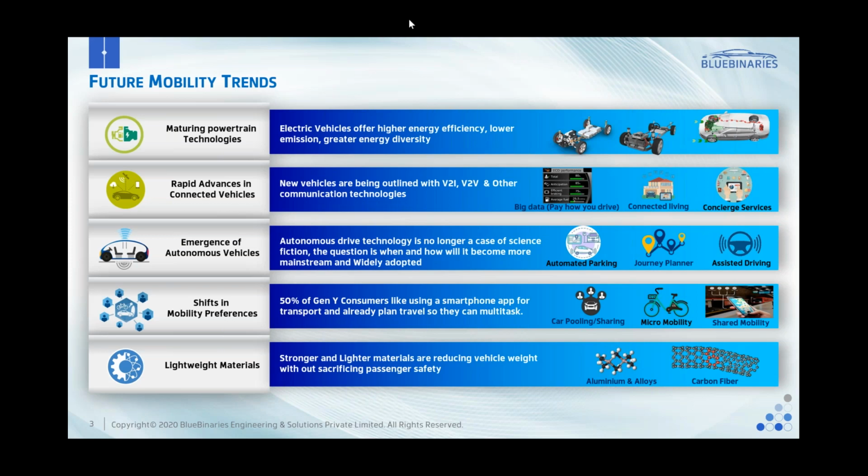The other one is the shift in mobility preferences. No more is a vehicle perceived as a want, it's more used as a service. Like what we see today is 50% of Gen Y consumers simply use their smartphone apps to have transportation as a service, or mobility as a service, starting with simple use cases like carpooling or sharing.